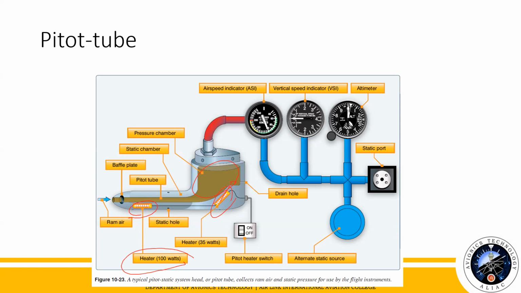Pagkatapos ng flight, pag kinapitan nyo yan, mainit yan. So, yung pilot can send electric current to the element via a switch in the cockpit. Ayan. So, para matanggal yung mga ice forming condition na pwedeng mag-exist dun sa may pitot-static.